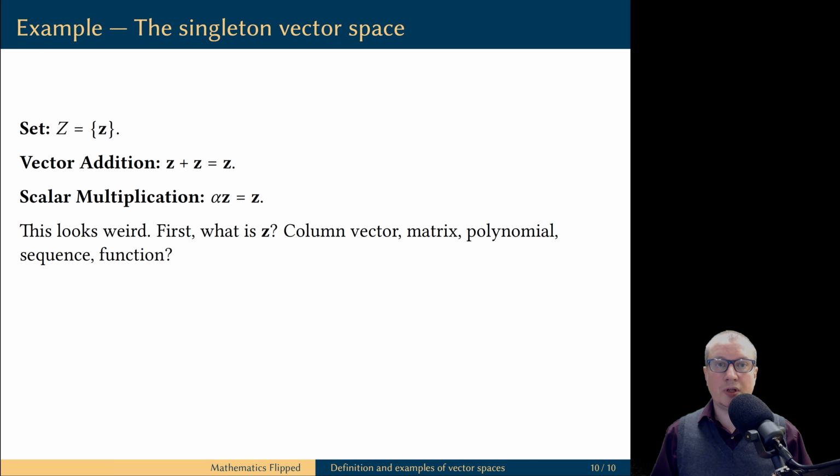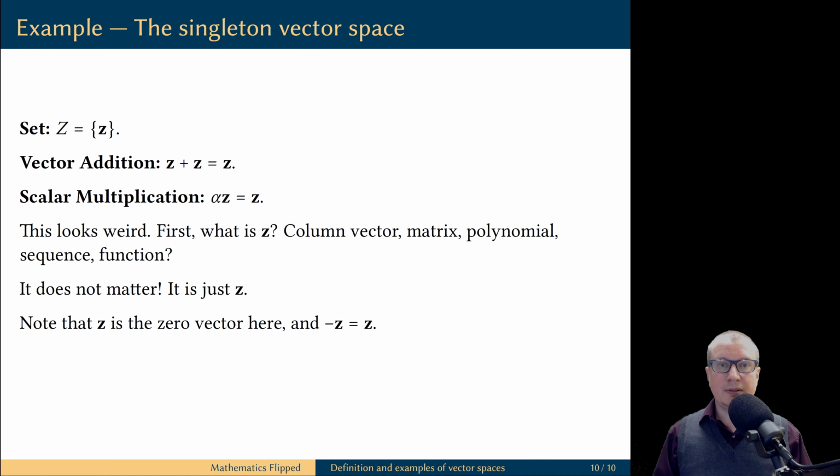Well, this certainly looks weird. What is z? What kind of an object is it? Is it a vector, a matrix, a polynomial, or a function from before? Well, it doesn't matter. Just think of this as some object which you call z. For example, in this case, this object z is the zero vector, which every vector space must have.